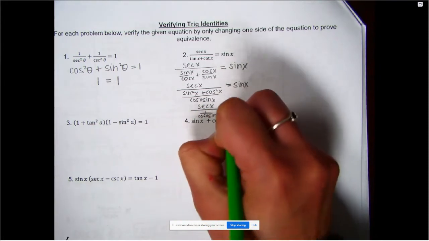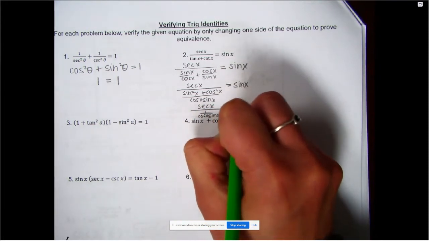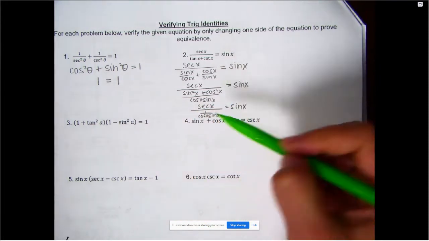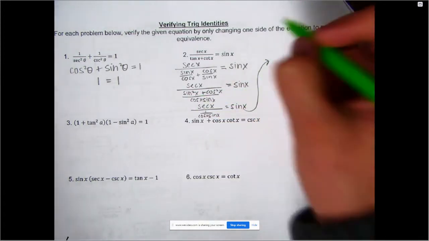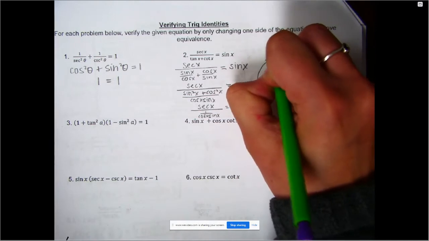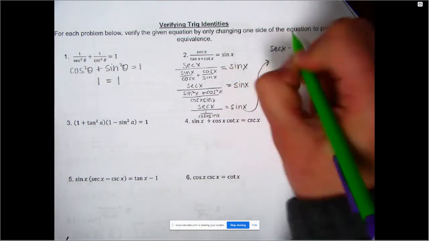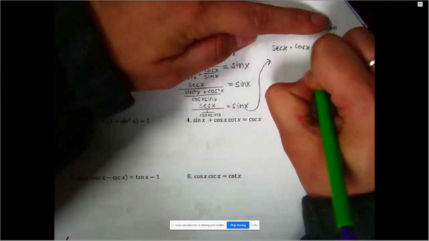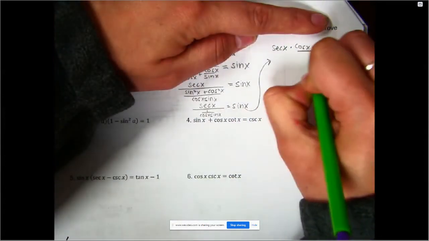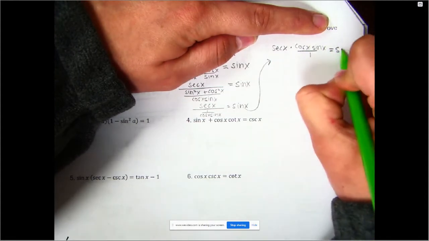We love fractions in our fractions. Okay, now when I divide by a fraction, y'all know: keep, change, flip. So I'll have secant x times cosine x sine x over 1, which is unnecessary.